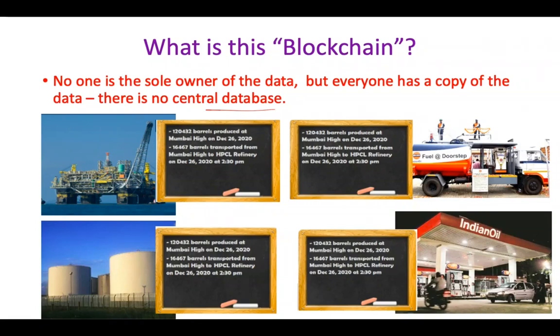If there is no central database, what will it achieve? No need to store the information at a centralized place, so no need to purchase space like Amazon Cloud or IBM Cloud or any other cloud. So the information is stored at every individual.